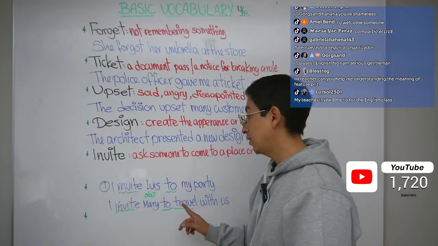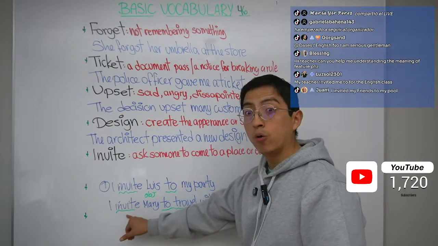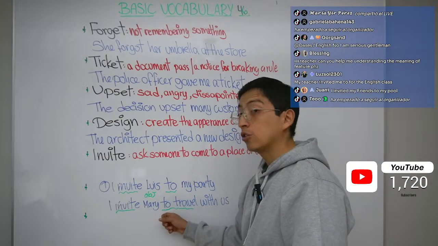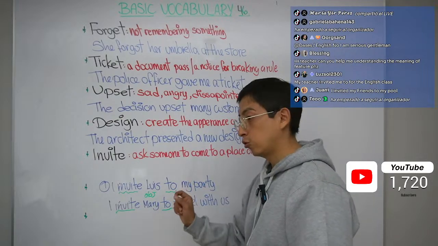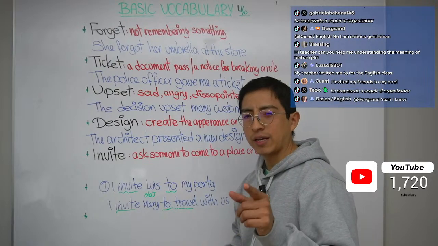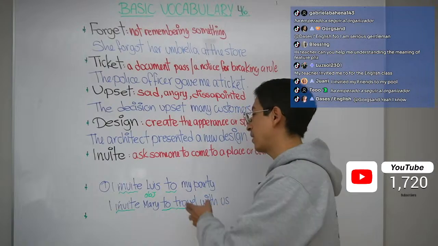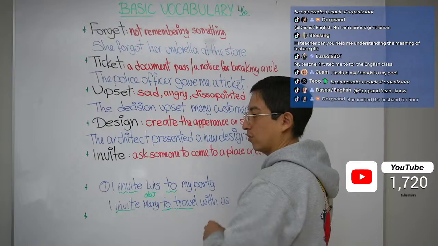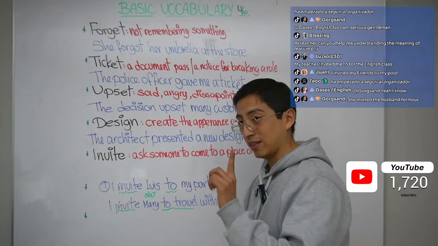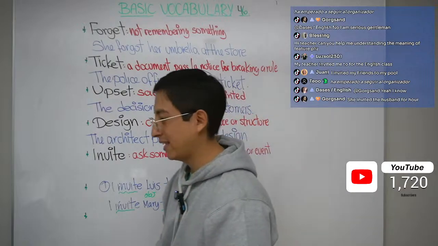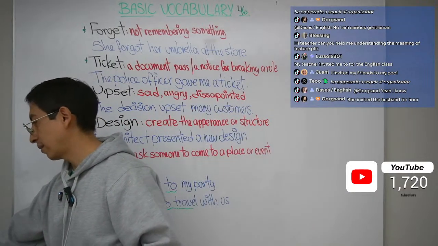In both cases, we use the preposition to. For example, I invited for my party? No, to my party. For or with my party? No, the correct preposition will be to. That's a thing that you have to remember.